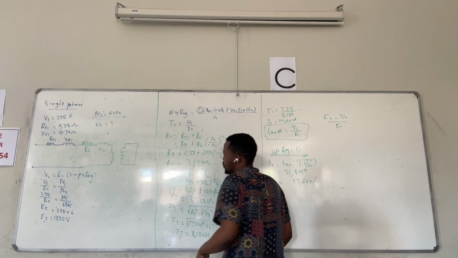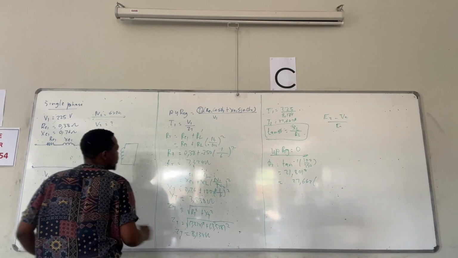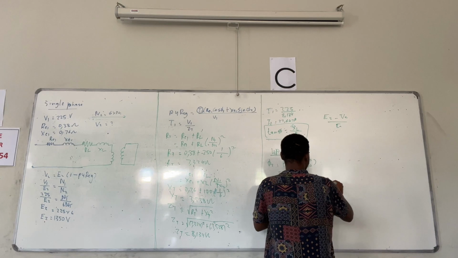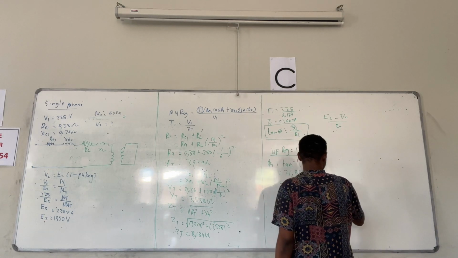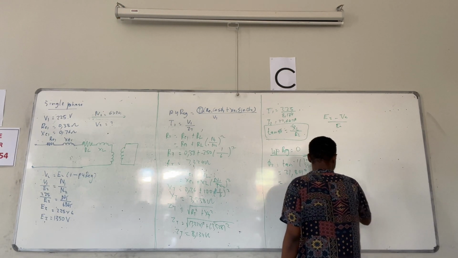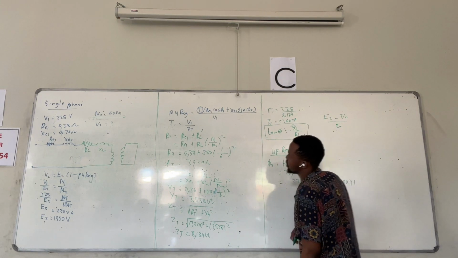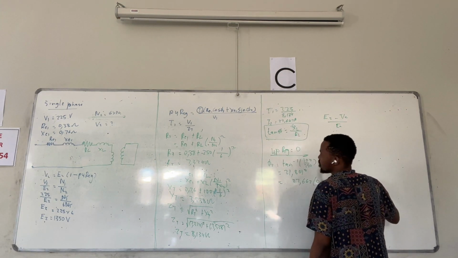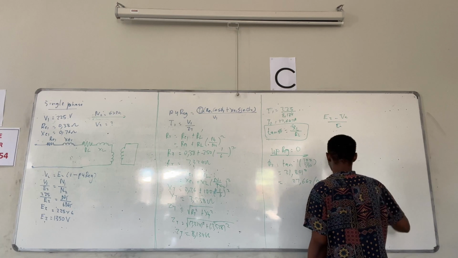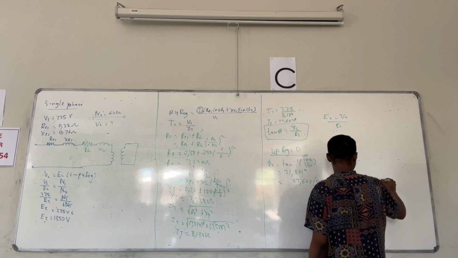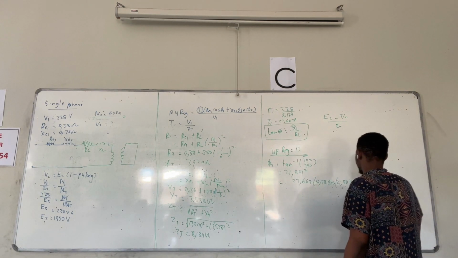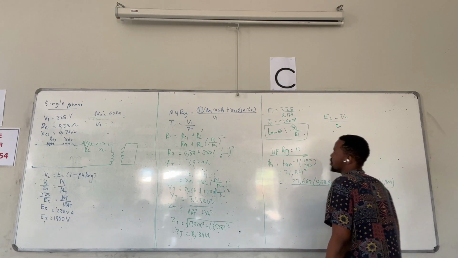Then the equivalent resistance referred to primary was 0.38 cos 21.801, plus the equivalent reactance 0.76 sin 21.801.